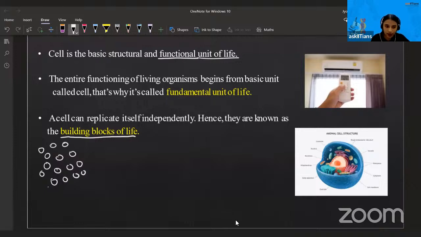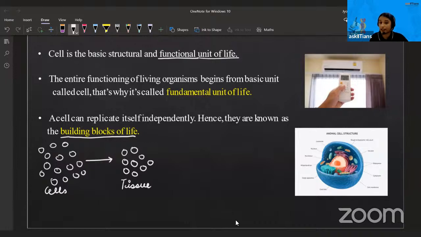Among these billions or trillions of cells, there will be some cells which are performing the same function. Those cells performing the same function come together and form a group. This group of cells is known as a tissue.